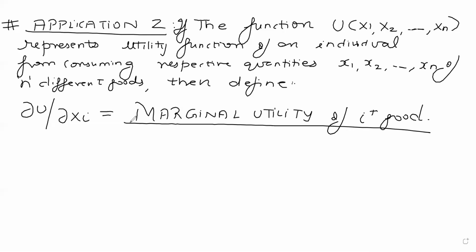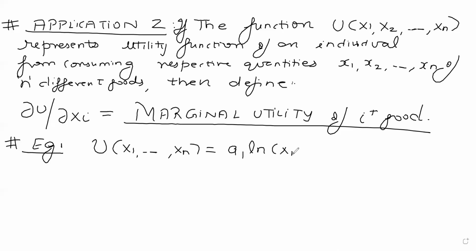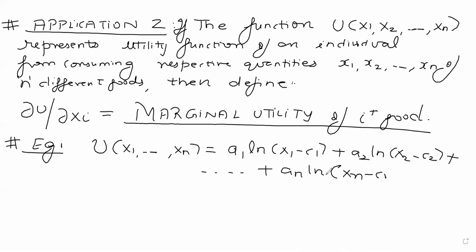Okay, so let's take an example. Suppose my utility function, u as a function of x1 to xn, is a1 ln of x1 minus c1 plus a2 ln of x2 minus c2 plus dot dot dot. I can stretch it to an times ln of xn minus cn.